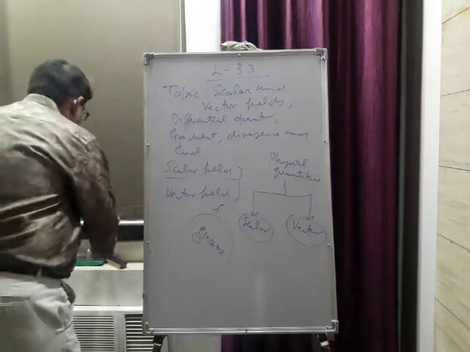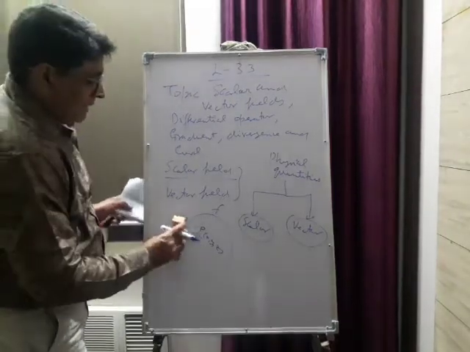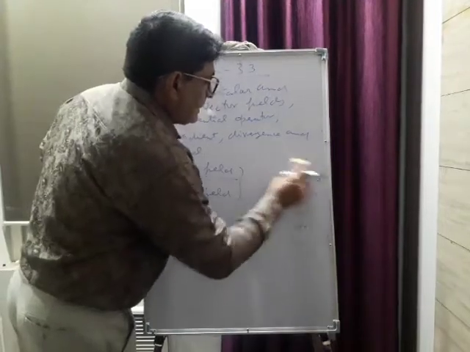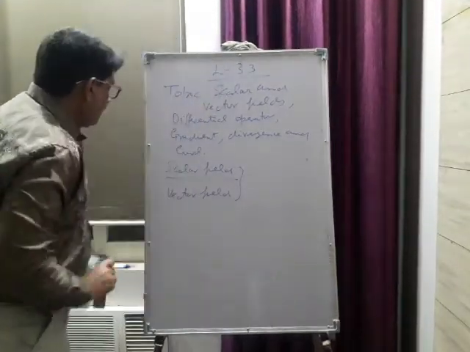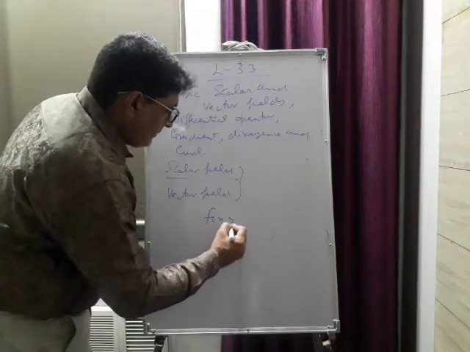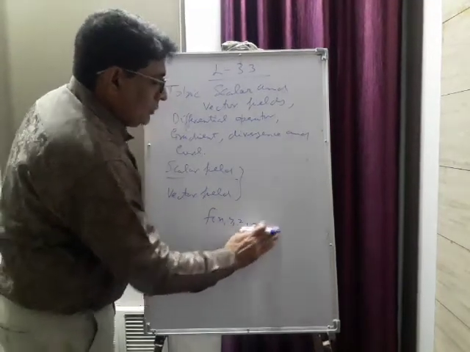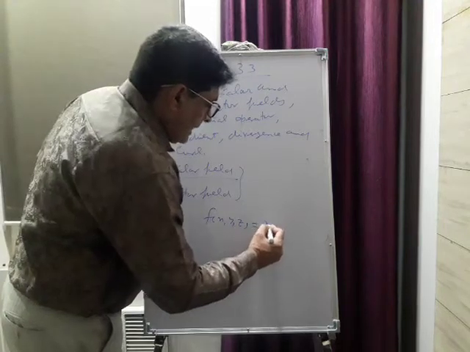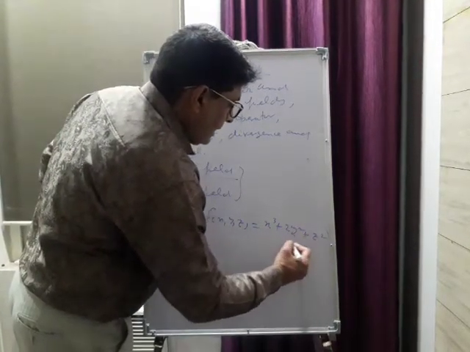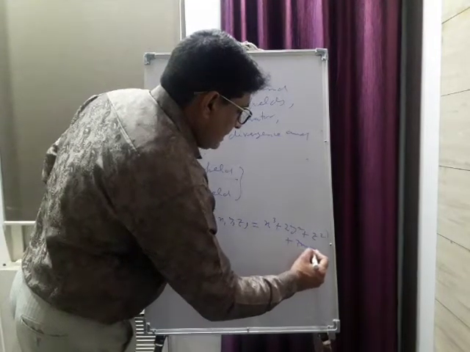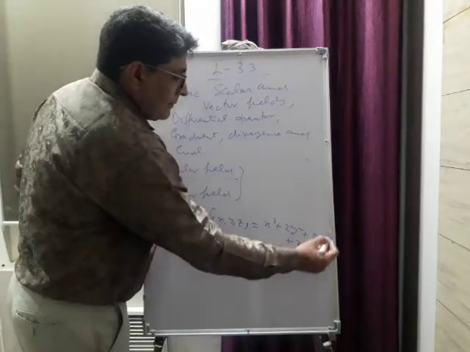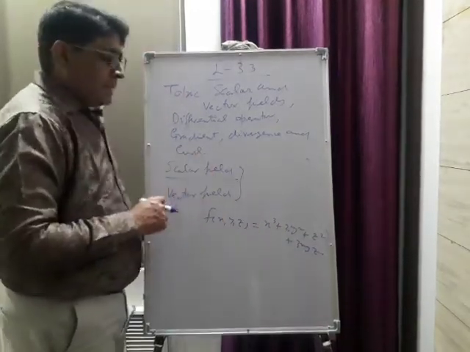An example of a scalar point function is denoted by, suppose, f(x,y,z) equal to x cube plus 2y square plus z square plus 3xyz. So this is the denoted surface.